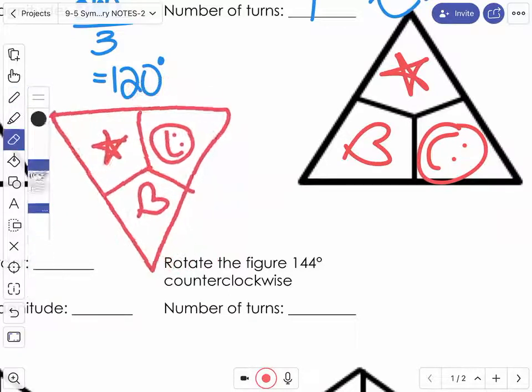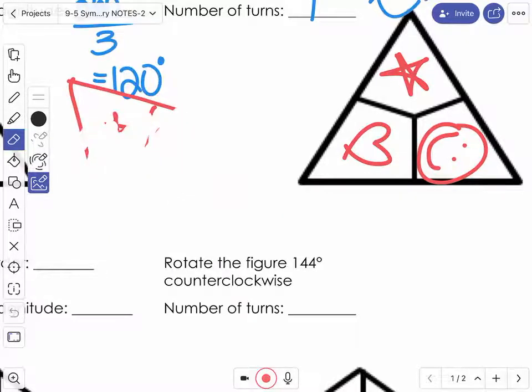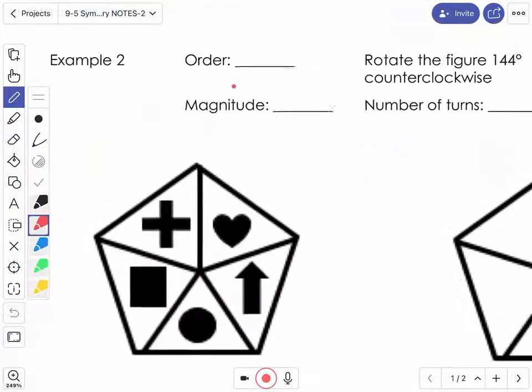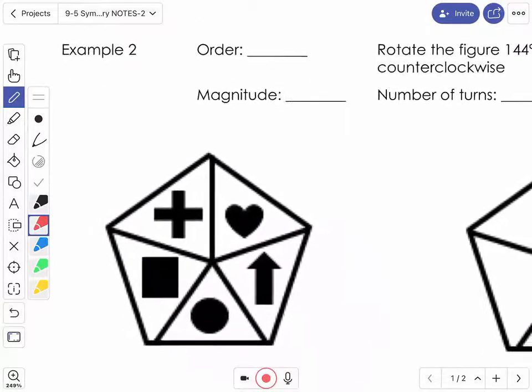All right, so now let's check out the next one. Let me erase part of this rotating triangle here so it's not quite in the way, and let's look at example 2. So this time we have a pentagon here, 5 sections to it.